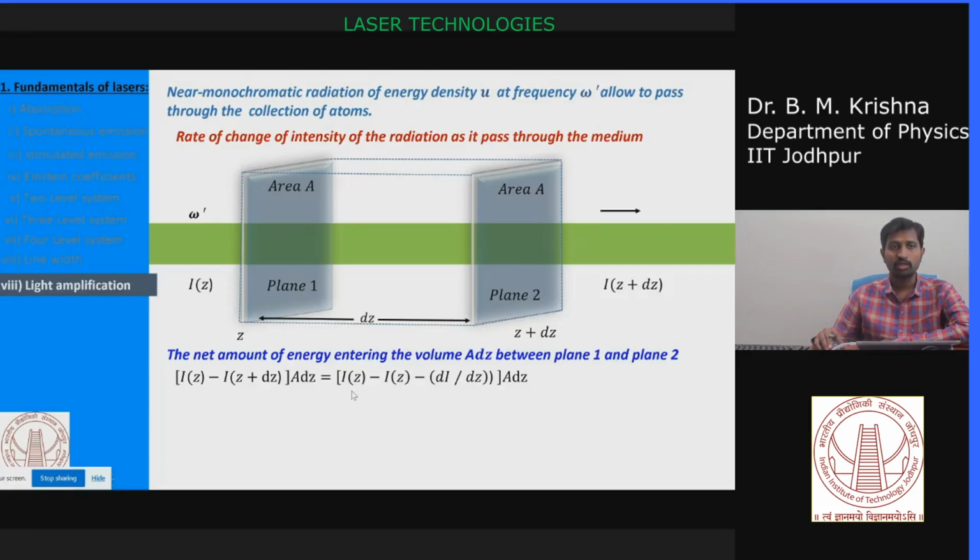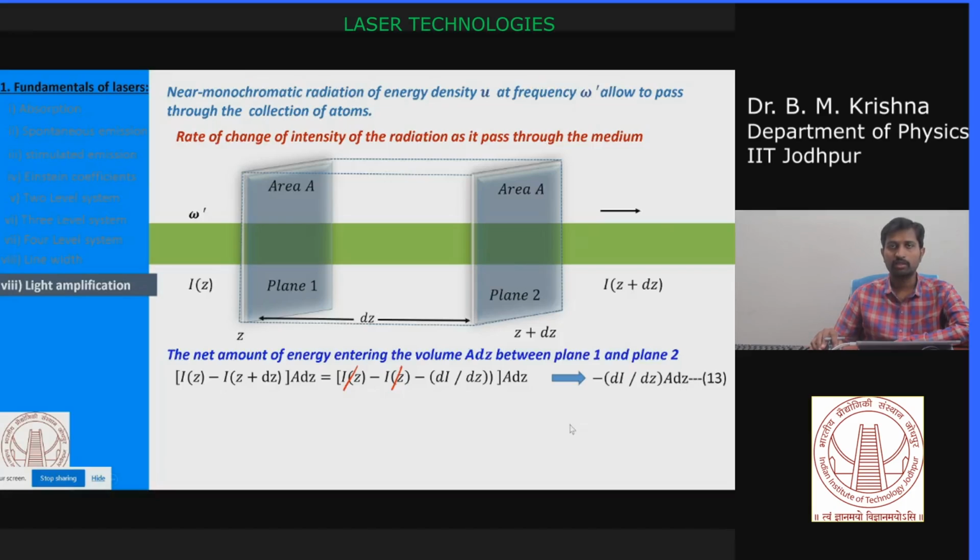So this is the rate of change of the intensity through this medium. So your I of z and I of z will get cancelled. So your resultant will be minus dI by dz A dz.